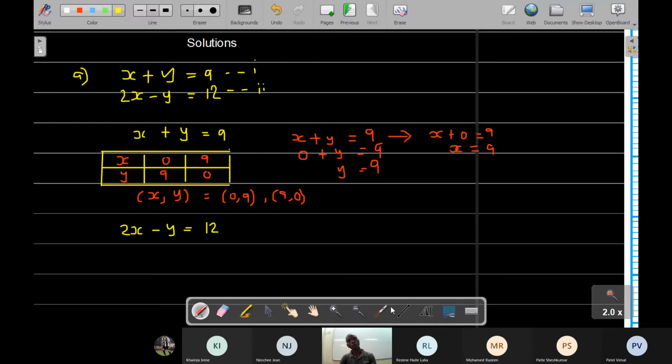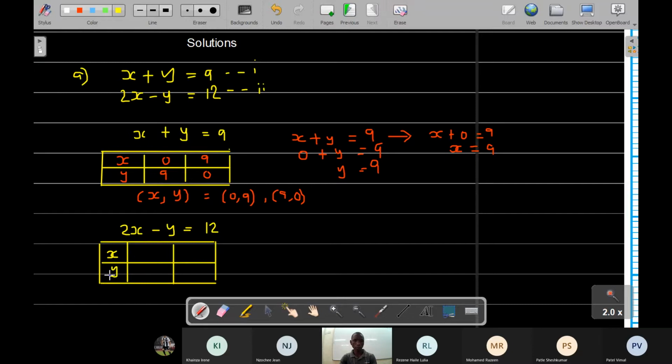So also we do the same. We make a table like this. Still we draw the table for this second line. So here I'll have x, and then here I'll have y.